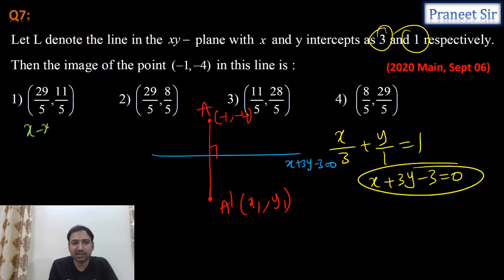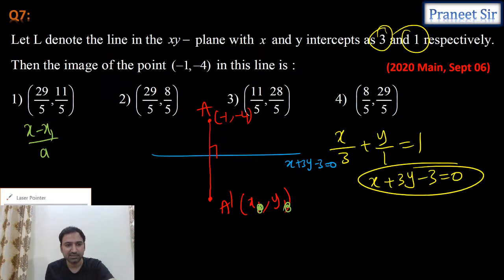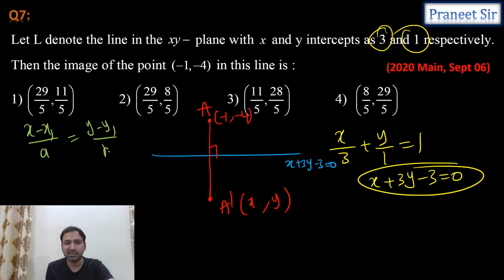The formula is x minus x1 by a. So take it as x and y only. So then the formula is going to be x minus x1 by a is equal to y minus y1 by b is equal to minus 2 times ax1 plus by1 plus c by a square plus b square.